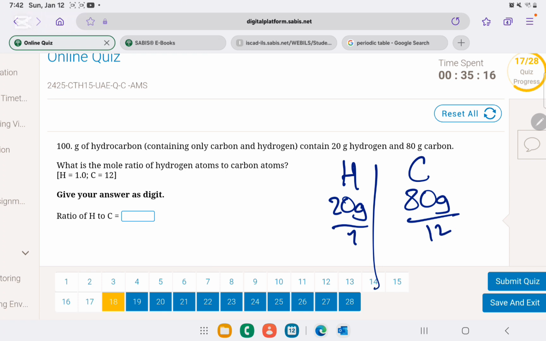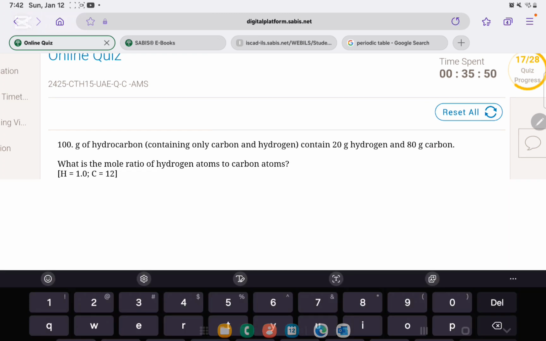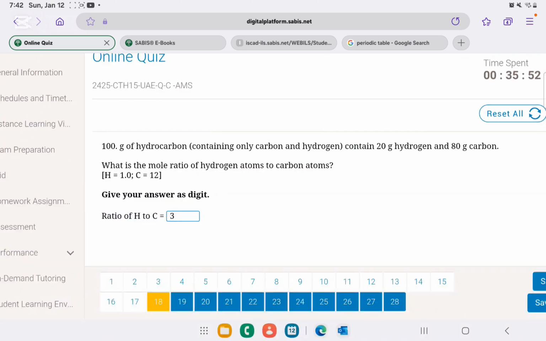You're going to get 20, and then the second one, you're going to get 6.66666, okay? Now we have to divide by the smaller number. So carbon is 1, hydrogen is 3. So H to C is 3.